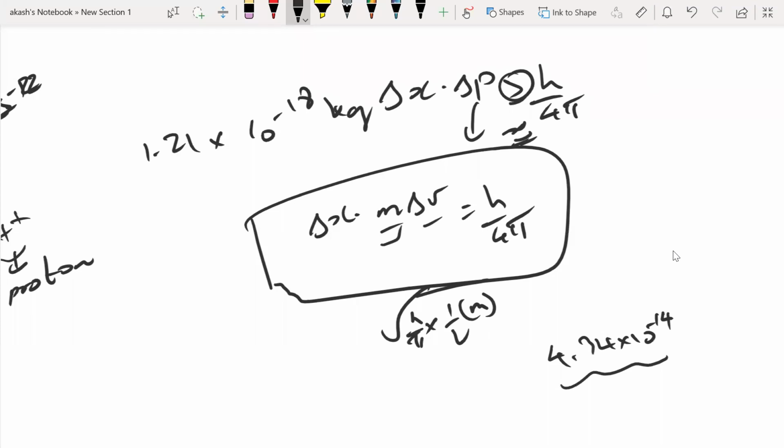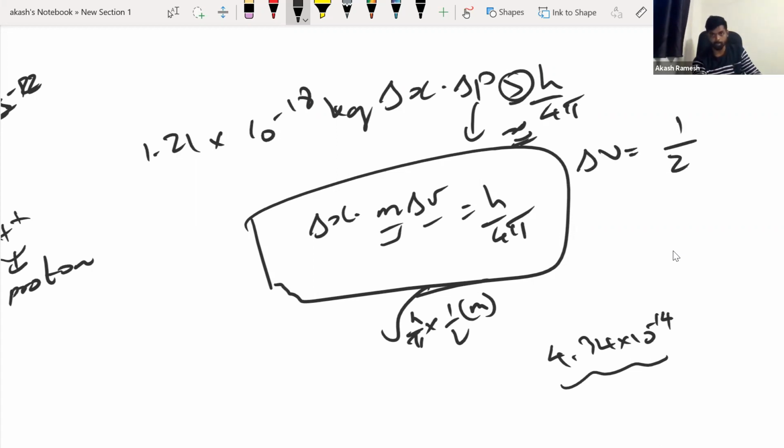Okay, let me check. So basically, you must be getting delta v as 1 by 2m into root of h by pi. Is it right?